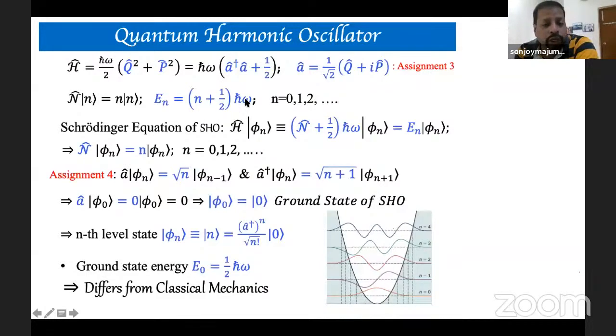From your intuition and your understanding of classical mechanics, this is contradictory, because in classical mechanics ground state energy means there is no potential and no kinetic energy, so ultimately the energy will be 0. But here we have some significant energy.